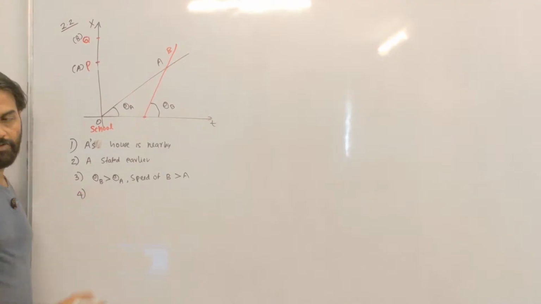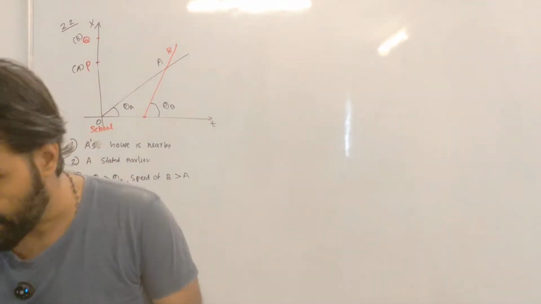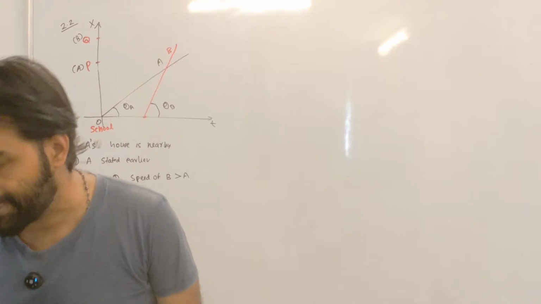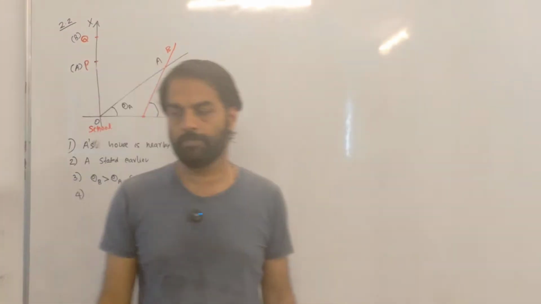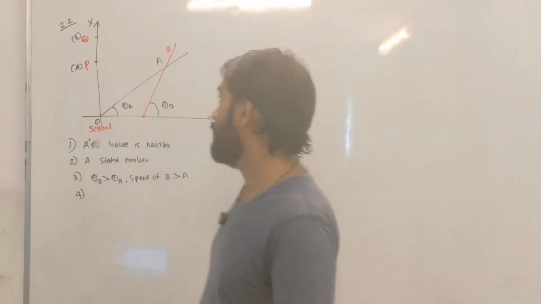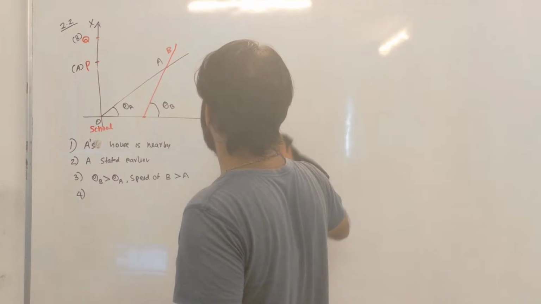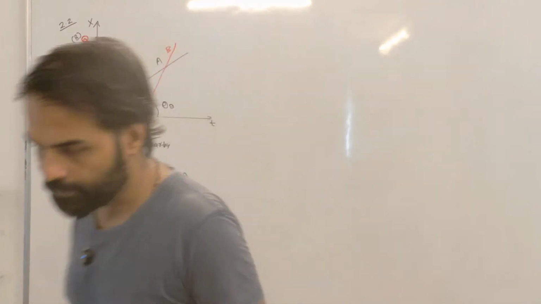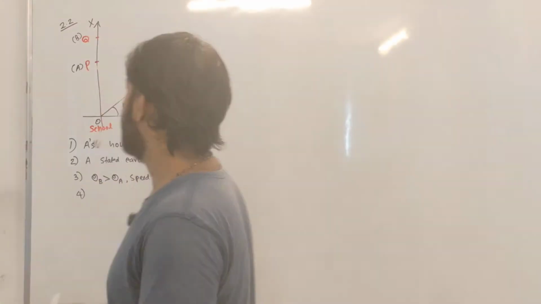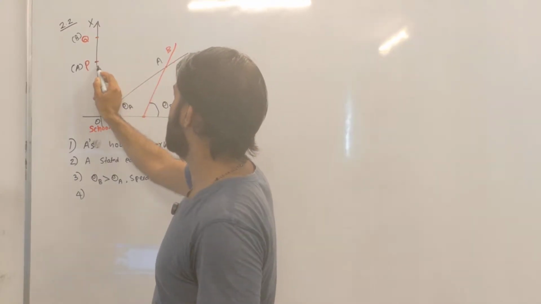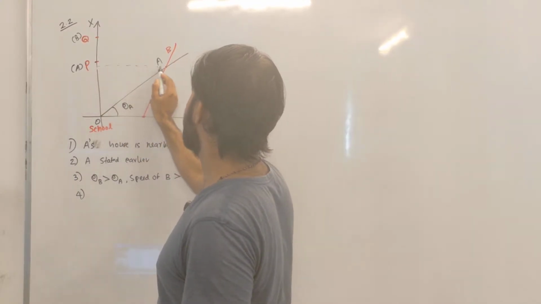Now the fourth question. What is the fourth question? The fourth question is asking whether A and B reach home at the same time or at different times. Tell me, Sudha, what is your opinion? Are they reaching their home at the same time or different time? Okay, so they are meeting at a position.